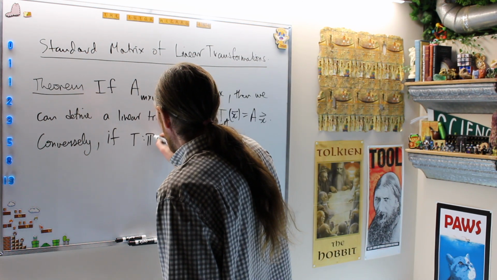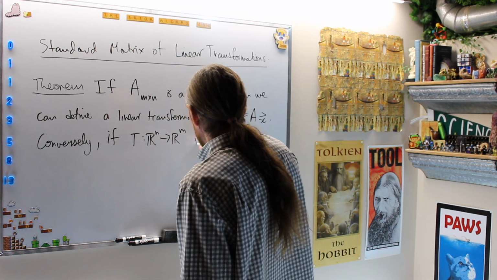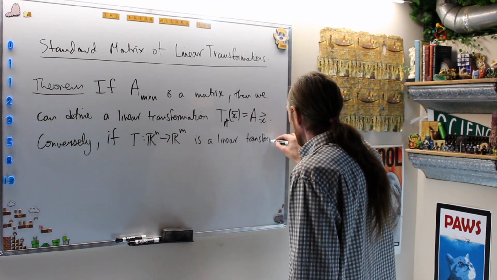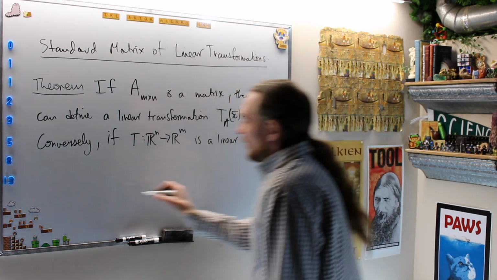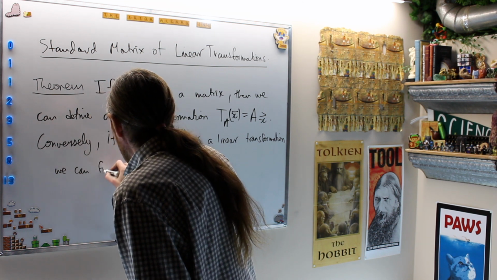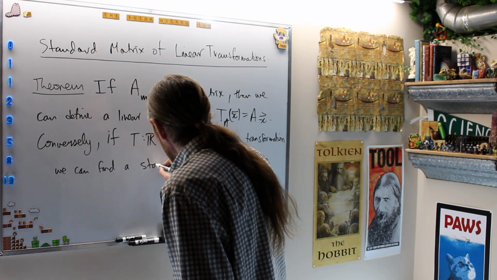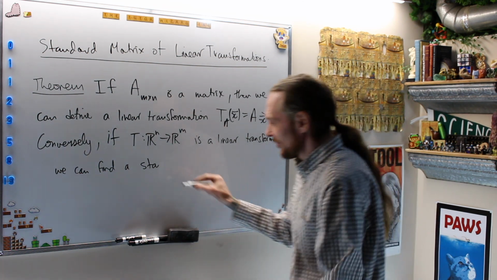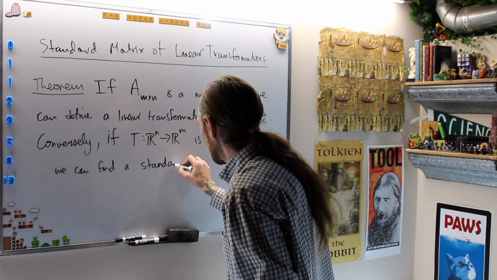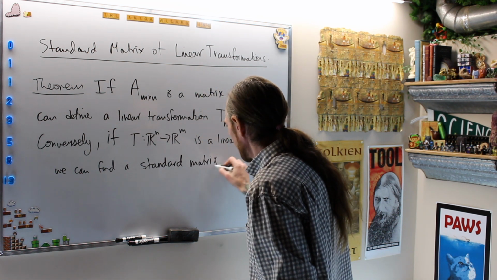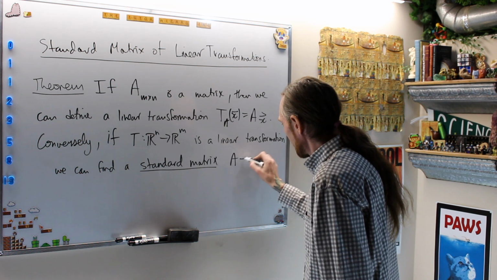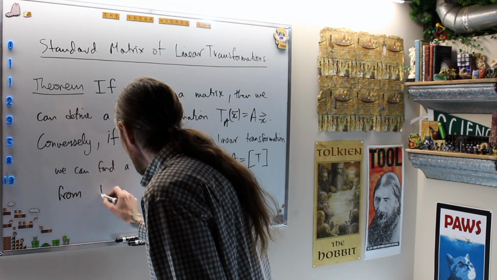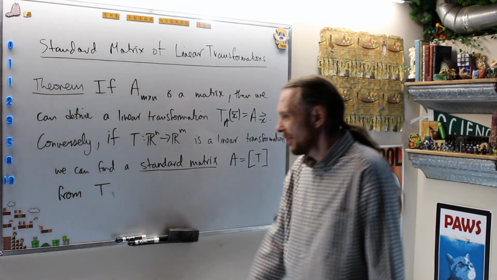If T from Rn to Rm is a linear transformation, we can find what we're going to call, I stick in the star, the definition in the theorem, the standard matrix A, which we're going to denote as bracket T. Let me read that again.